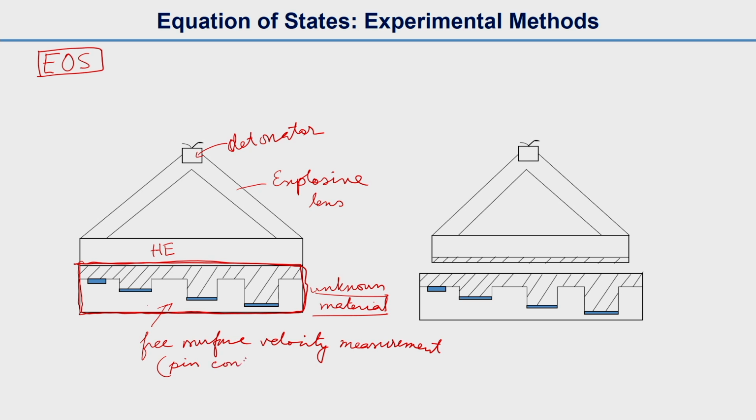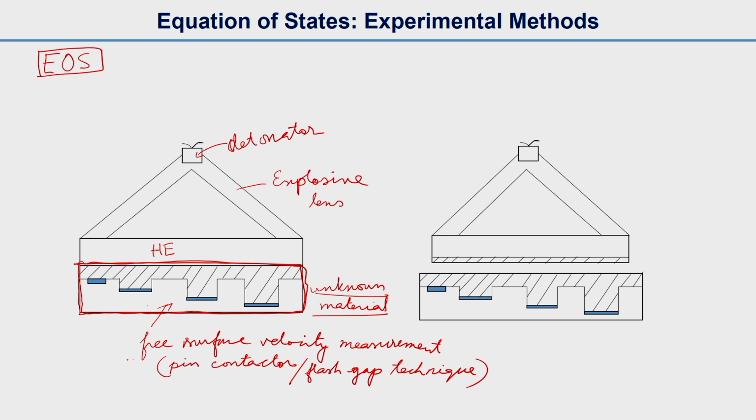These are some arrangements to get the free surface velocity. So we can get the shock wave velocity or particle velocity here with a pin contactor, or there is another method called the flash gap technique. If time permits we can discuss this later in another chapter.